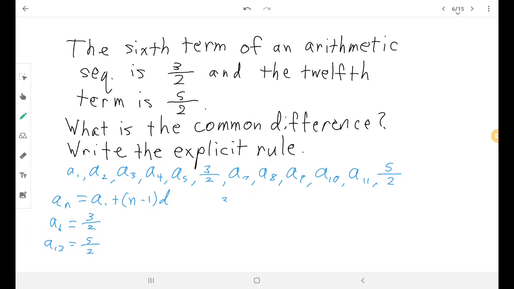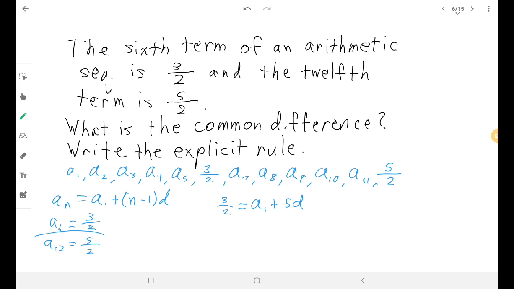So I can do 3 over 2 equals, I don't know A1, that's one of the variables I'm trying to figure out, plus n minus 1, which I actually do know this time, n is 6, so 6 minus 1 is 5 times d. Okay?